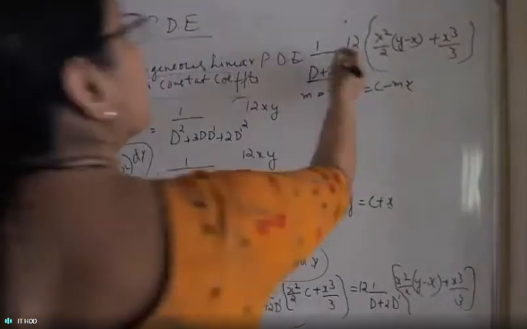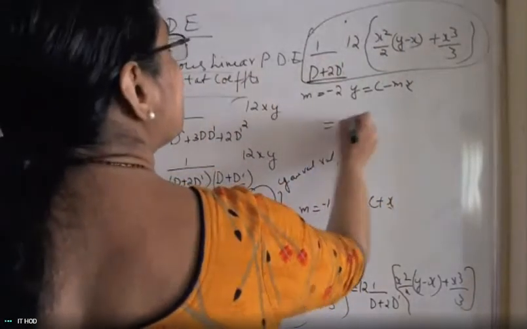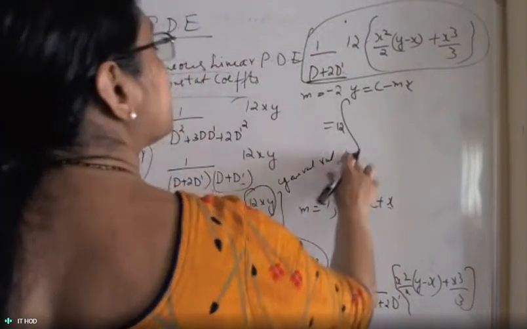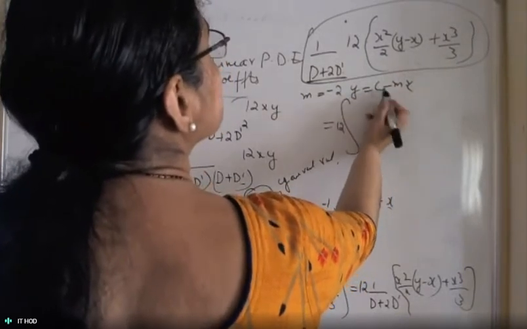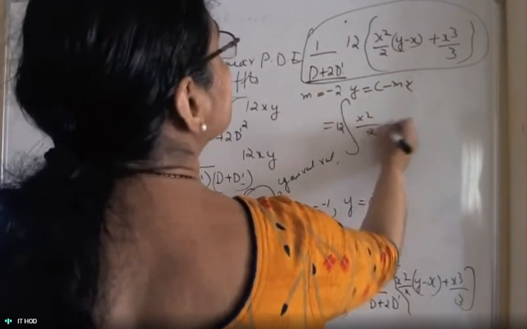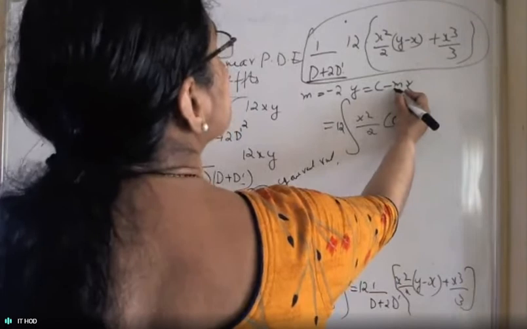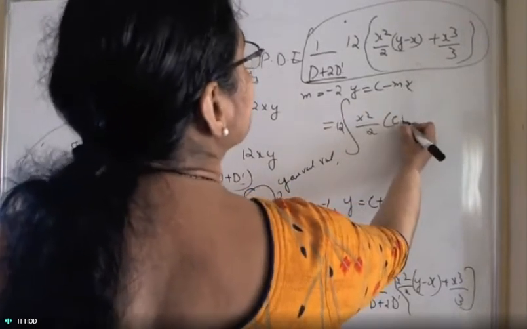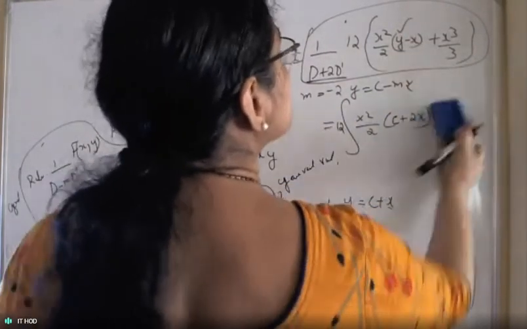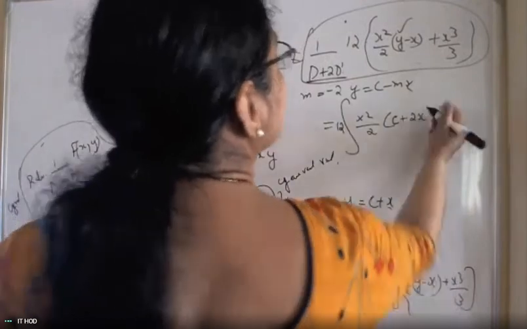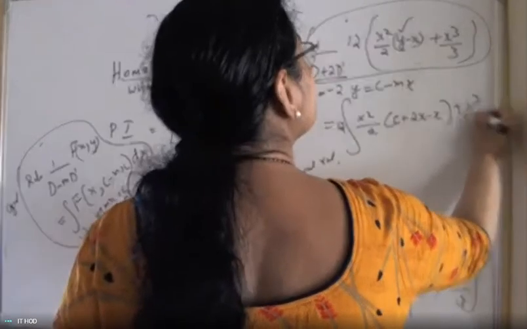Again, for this part, it becomes the integral of 12, and I have to change this y, with m equal to minus 2. So x squared by 2 into y, where y is c minus mx, that is c plus 2x. Changing y, we get c plus 2x minus x, plus x cubed by 3.